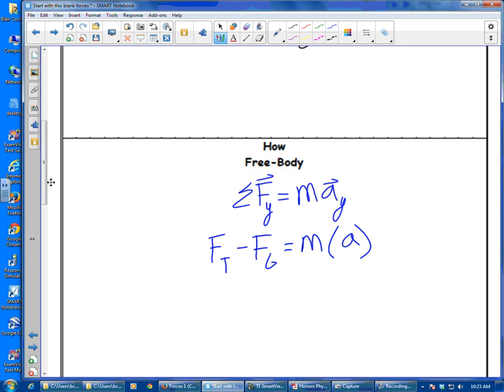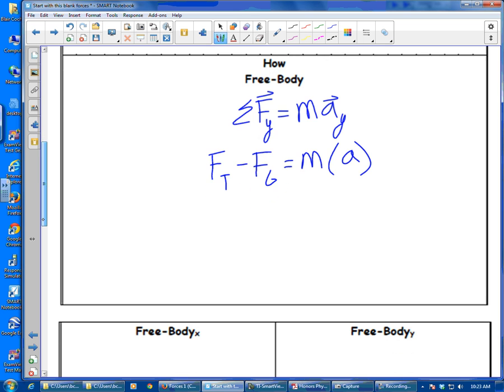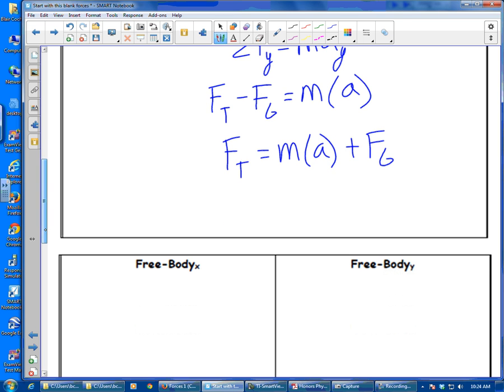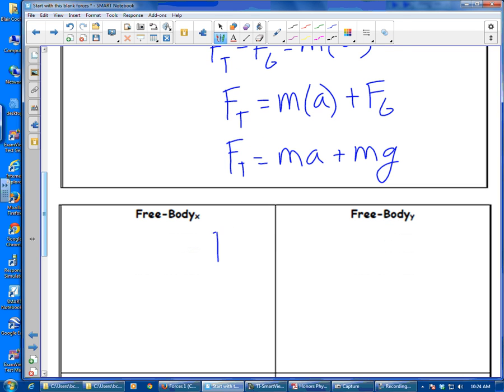So I'm going to rearrange that a little bit before I put any values in. I'm interested in the tension, so I'm rearranging that so it's by itself. I can do that by adding the weight to each side, right? And then from last time, and from my equation sheet, I know that the weight is mg. And now I think I'm ready to substitute in numbers.